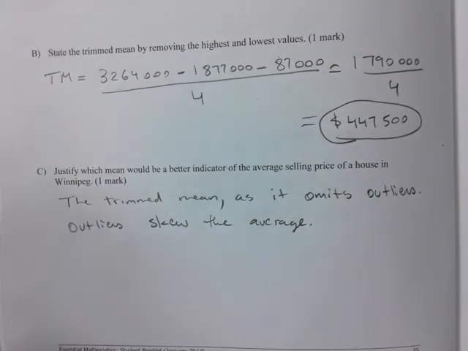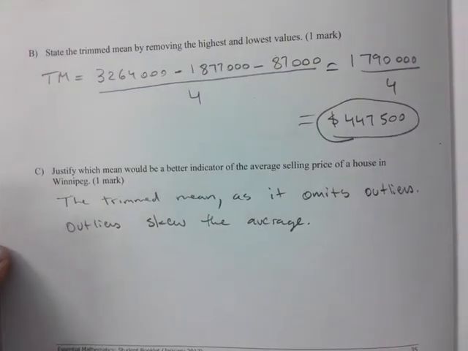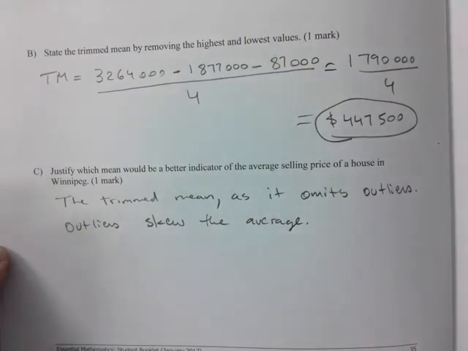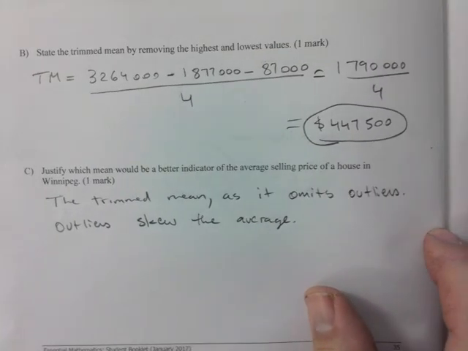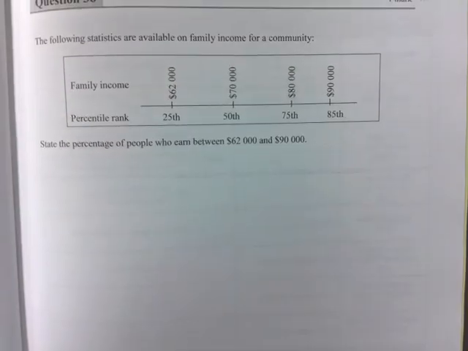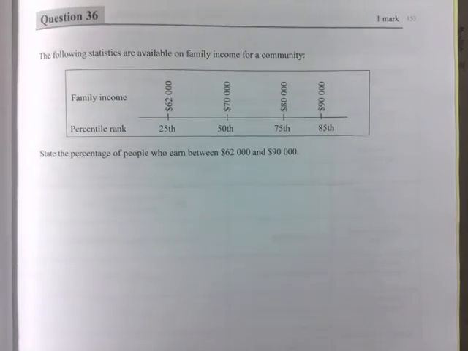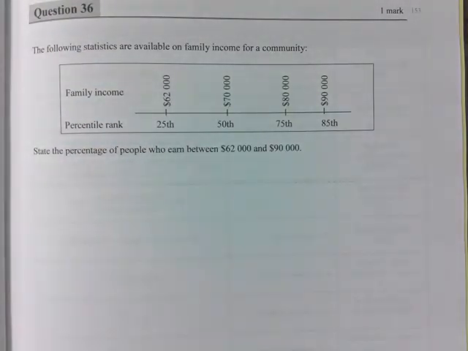Something like that. I think this is the last question coming up next. So trimmed mean affects the average the most. It doesn't affect your median at all because you're removing the same amount from either side.